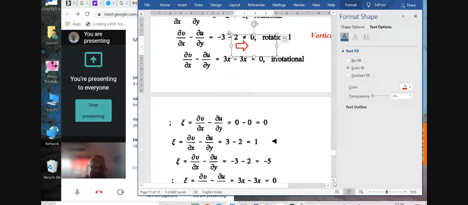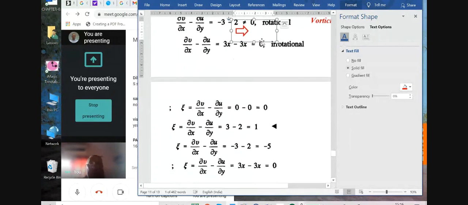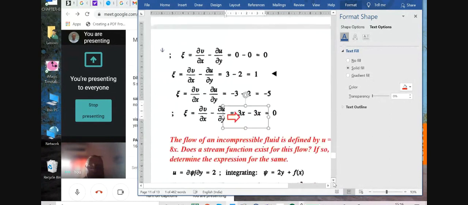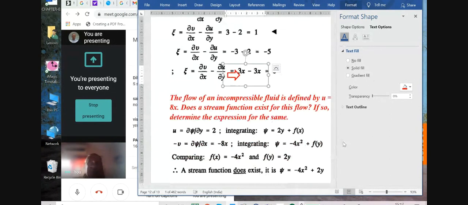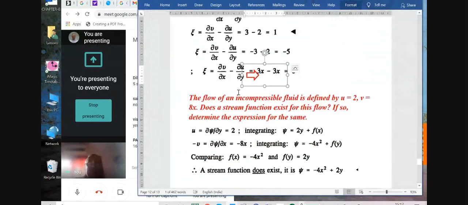Now, let us take another problem. The flow of an incompressible fluid is defined by U is equal to 2 and V is equal to 8x.